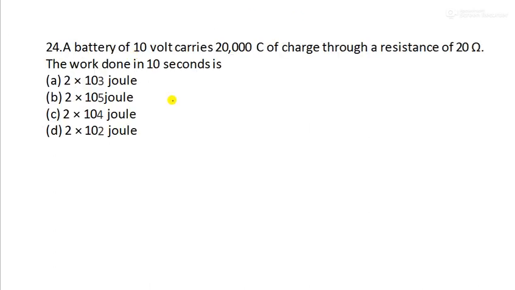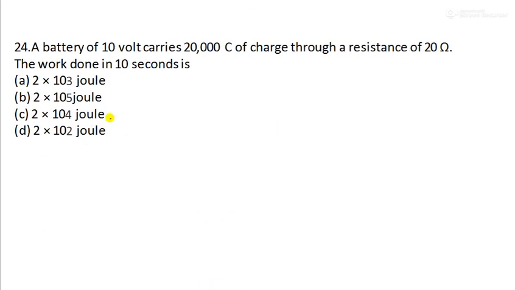So this is our question number 24. A battery of 10 volt carries 20,000 coulomb of charge through a resistance of 20 ohm. The work done in 10 seconds is dash. First write the data, whatever is given. Voltage is given as 10 volt.